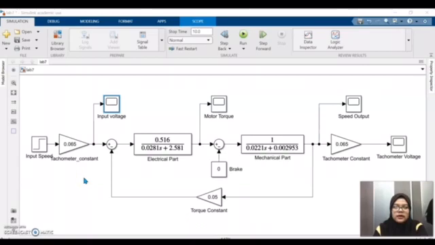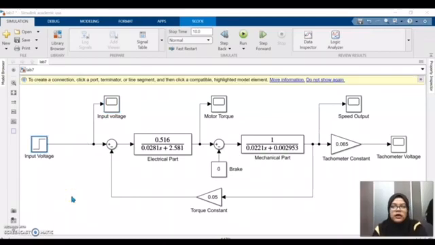Then, using the input voltage that has been obtained, I find the speed output by varying the brake scale according to the values given in table 8.3.